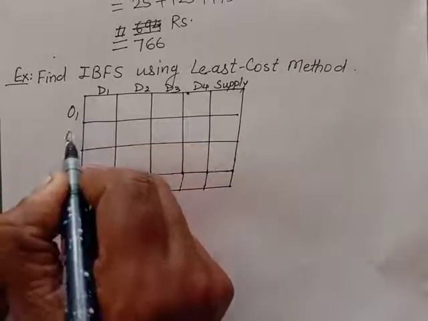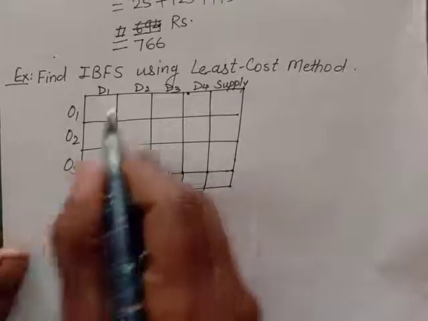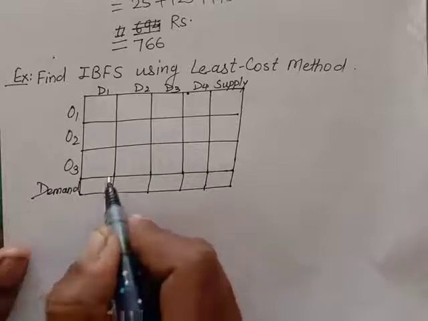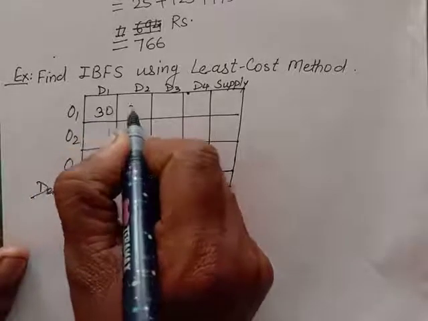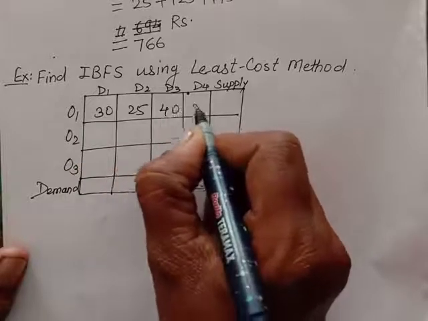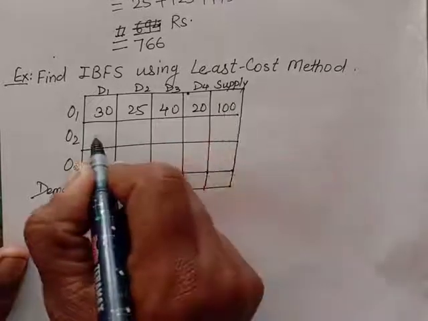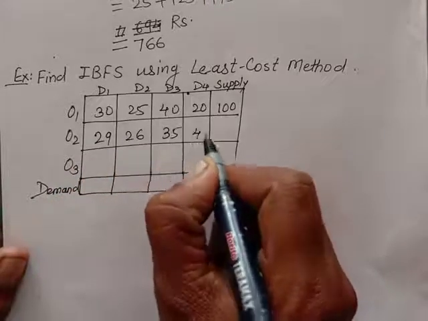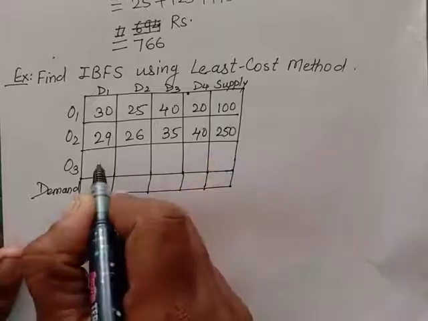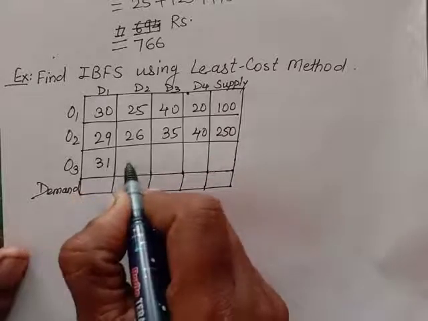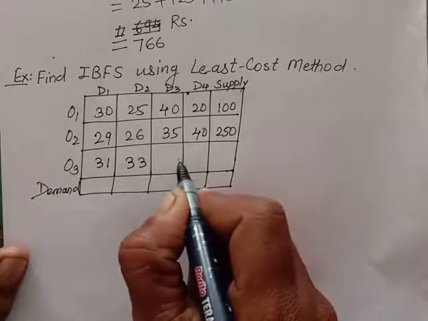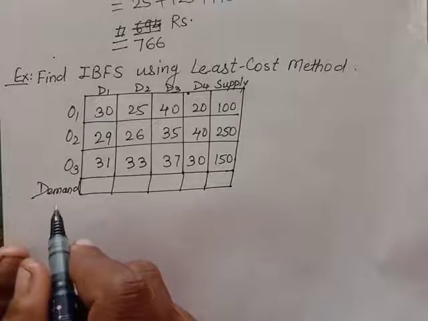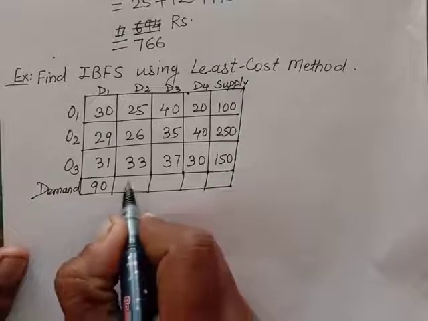Here O1, O2, O3, you know these are origins, and these are destinations, and here demand. So here the costs are given: 30, 25, 40, 20, and the supply is 100; 29, 26, 35 and 40, and the supply is 250. Here 31, 33, 37 and 30, the supply is 150. Here the demands are 90, 160, 250.